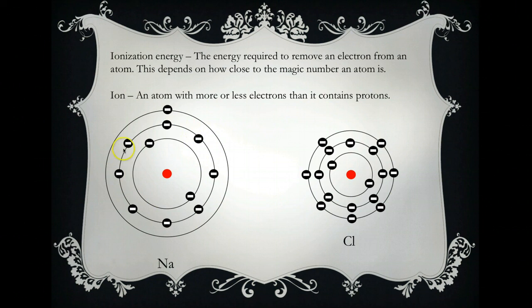So if sodium can just get rid of this 1 electron, then it will look like a noble gas with 8 electrons in the outer shell being filled. As opposed to chlorine, chlorine has 7 electrons in its outer shell. So if it could just get 1 more electron, then it would have a full valence shell and it would be happy.